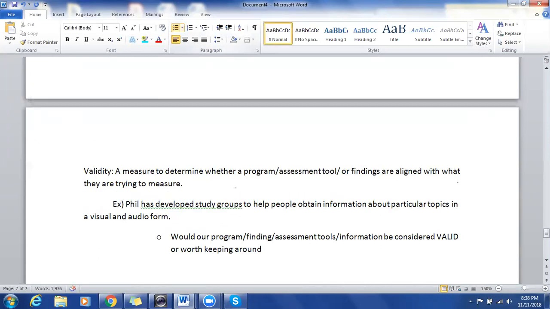Which oftentimes maybe not, because there's some information that you find and you're just like, holy smokes, that made zero sense and I will never look at that ever again because it was dumb. So then we have our different types.